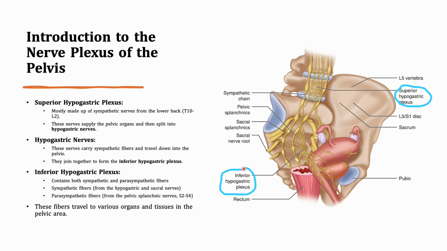The parasympathetic fibers located in the inferior hypogastric plexus are from the pelvic splanchnic nerves, S2 to S4. Then these fibers come together and travel to various organs and tissues in the pelvic area. So that is an overall introduction.